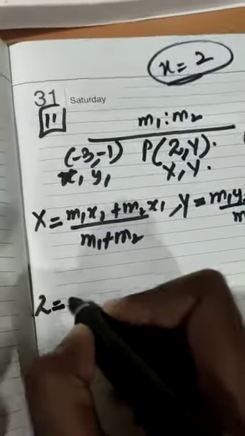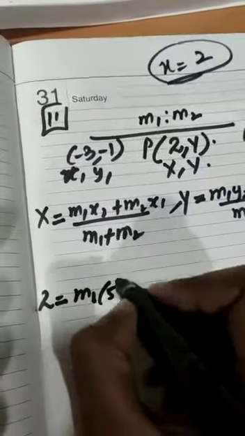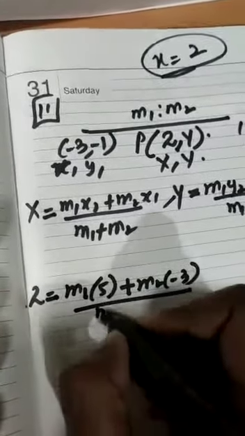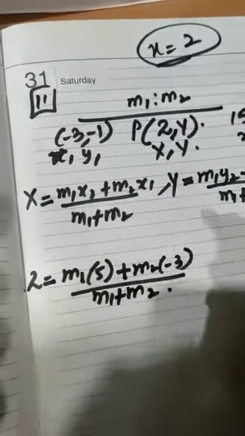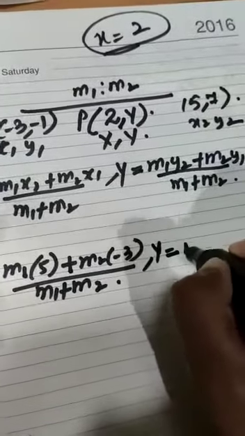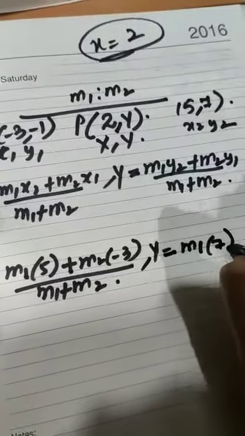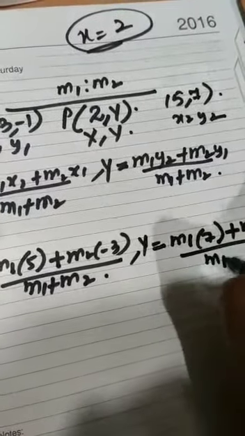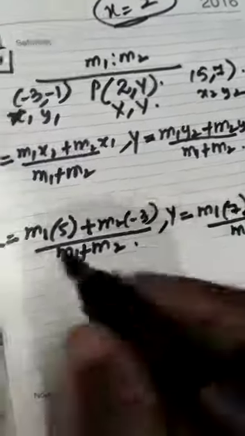So 2 is equal to (m1 times 5 + m2 times -3) over (m1 + m2).